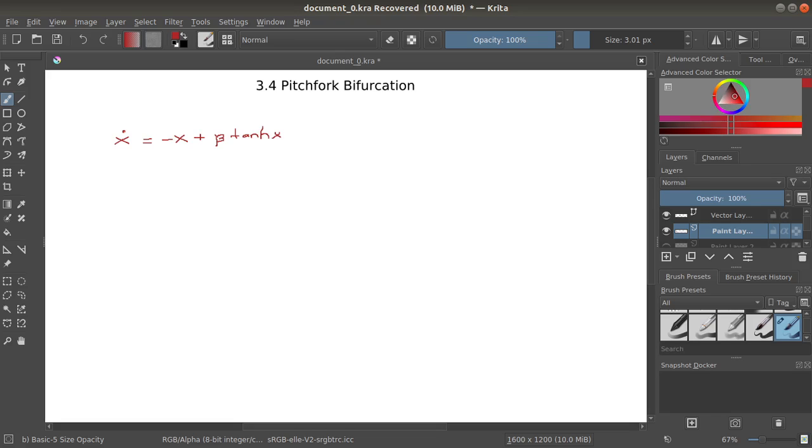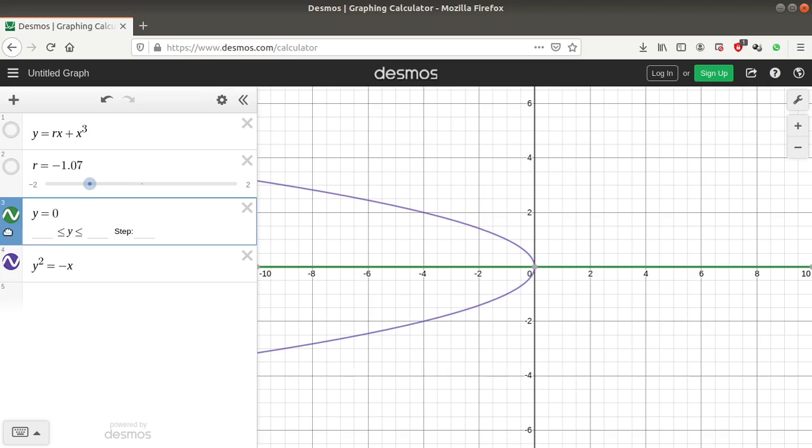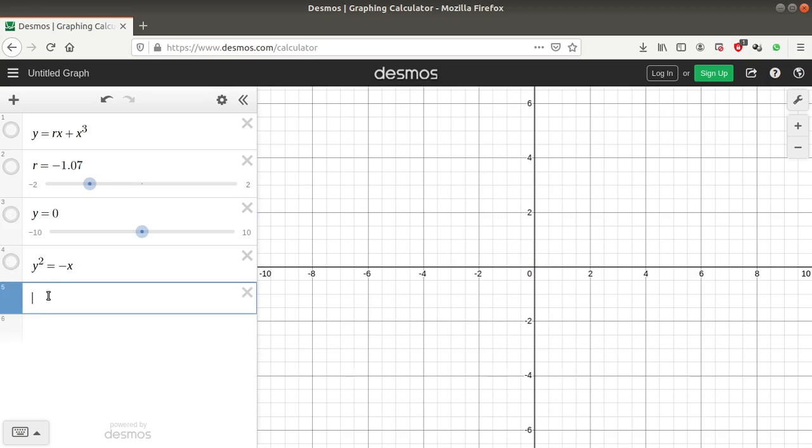Let's plot this one. So y is equal to minus x plus some constant, let's call that r, times tan hyperbolic of x.